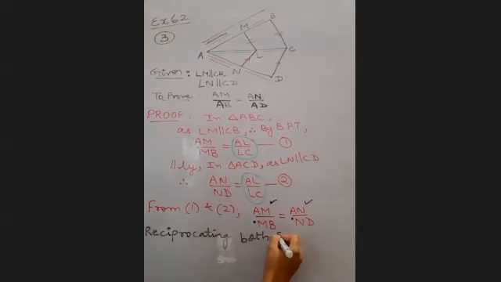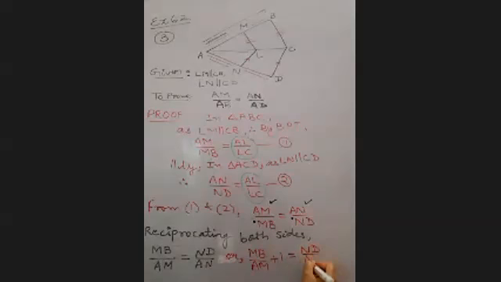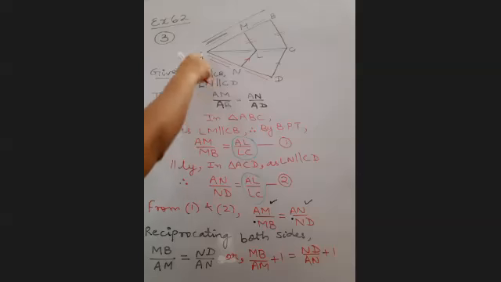Reciprocating both sides, what do we get? MB upon AM is equal to ND upon AN. Now I shall be adding 1 to both sides. Why am I adding 1 to both sides? Because I need the bigger side, AD.